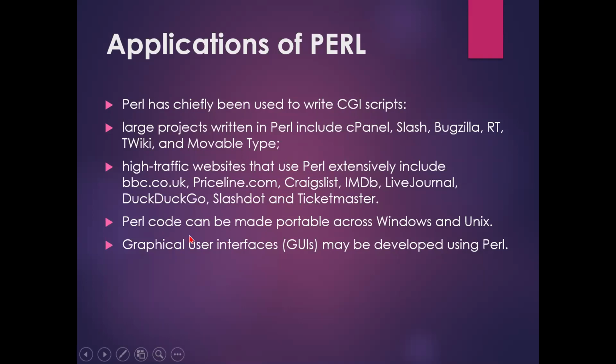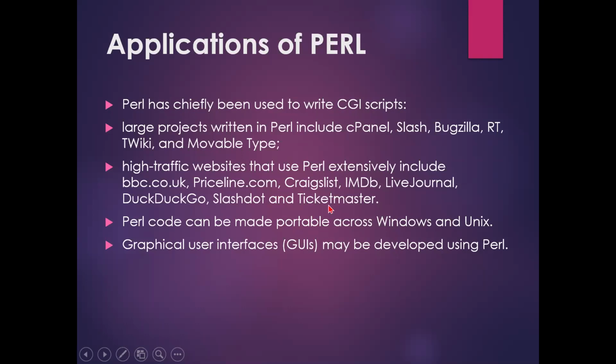Perl code can be made portable across operating systems like Windows and Unix. That means if you develop a particular program or software using Perl on the Windows operating system, it can be run even on the Unix platform. That's what portable means.